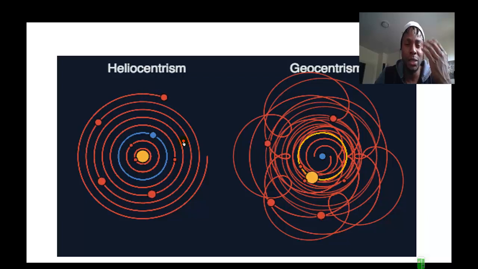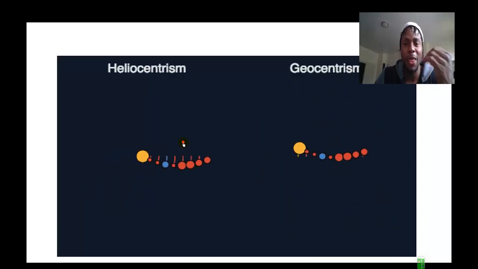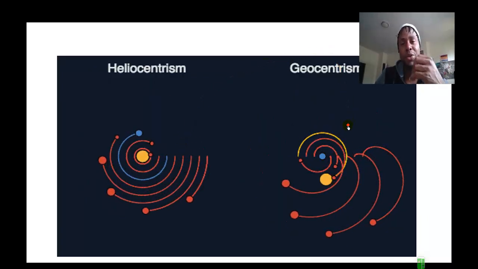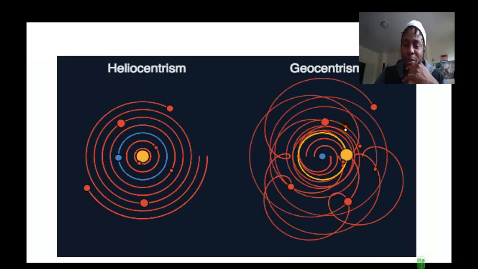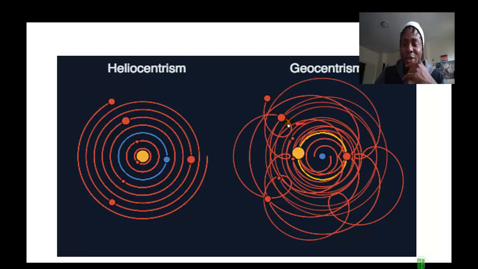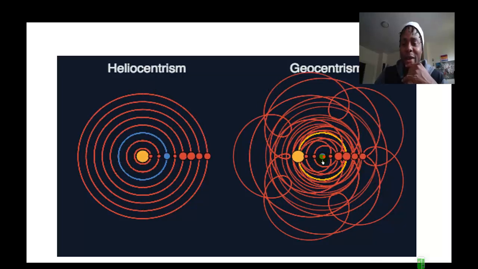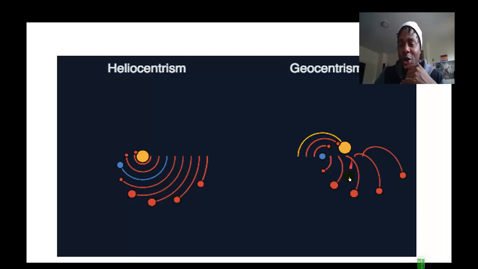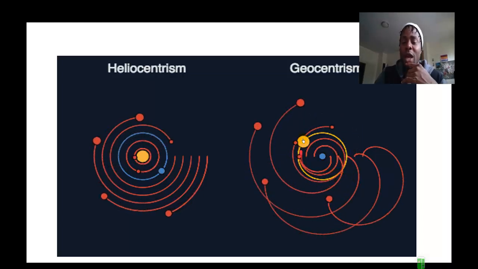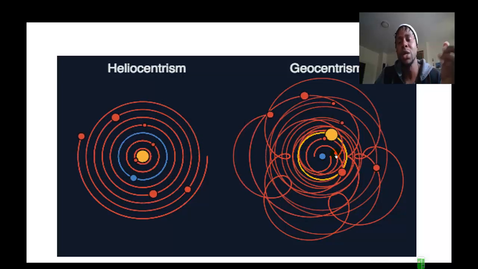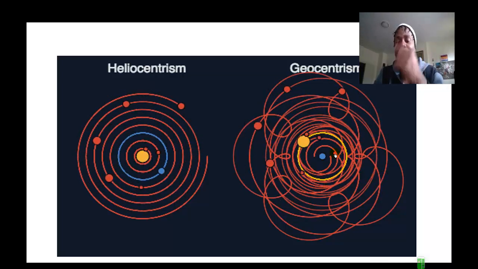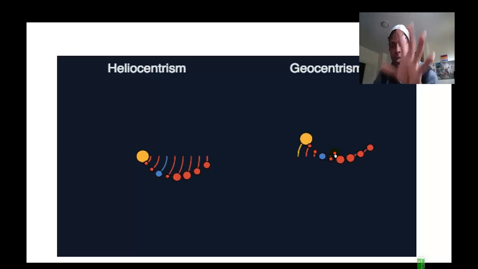in a perfect, nice, simple pattern. However, the geocentric model, which was the old thinking pattern that people used to have back in the day, has the Earth in the middle, and then you have the sun, including all the other planets, revolving around the Earth. And that did not make much sense, because the paths that the planet and the sun take all get mixed up.